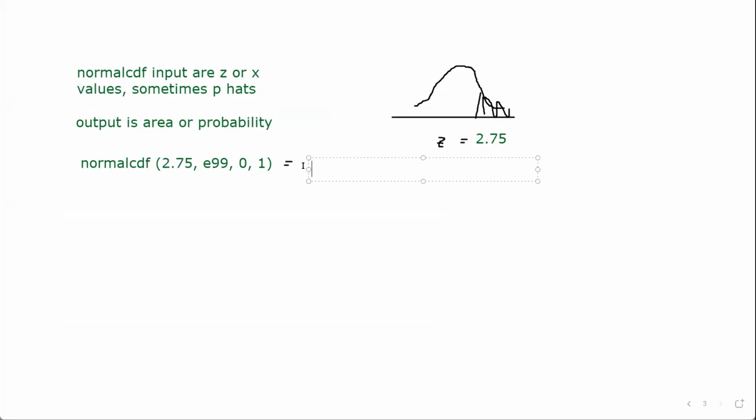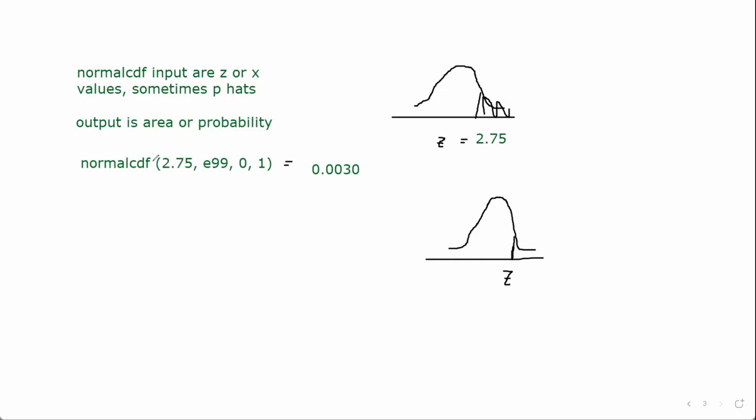Now, why do I bring that up? Let's do this in context. Here's a distribution, and I'll make it a Z-score that we want rather than an X, so we don't have an extra step.